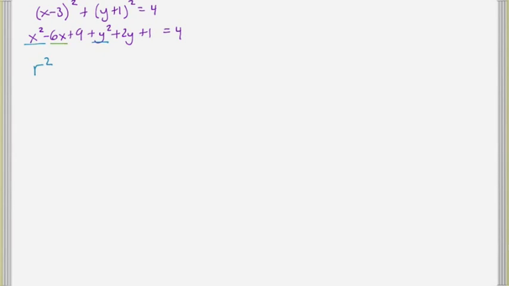The minus 6x is going to become a minus 6r cosine of theta. And the plus 2y is going to become a plus 2r sine of theta. And then I have plus 10 equals 4.